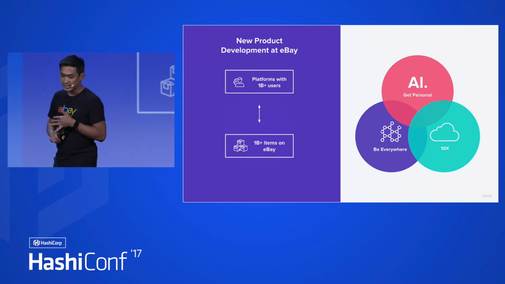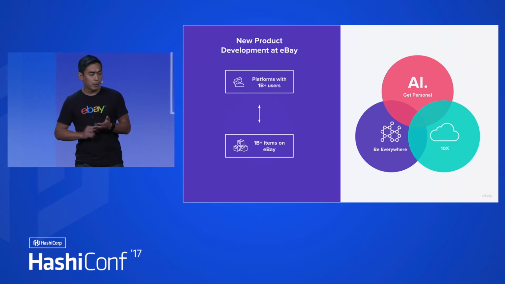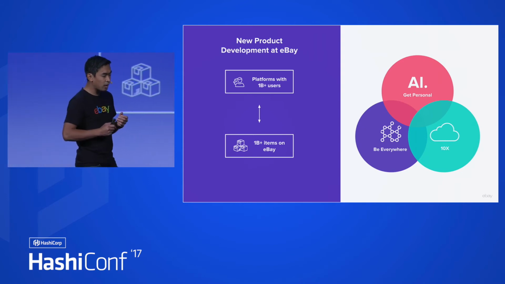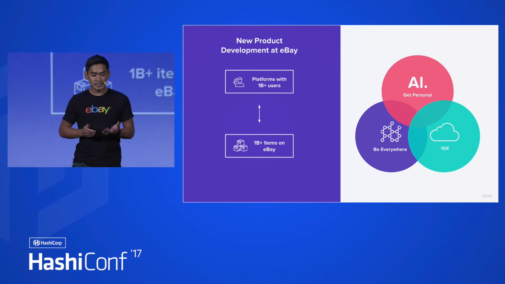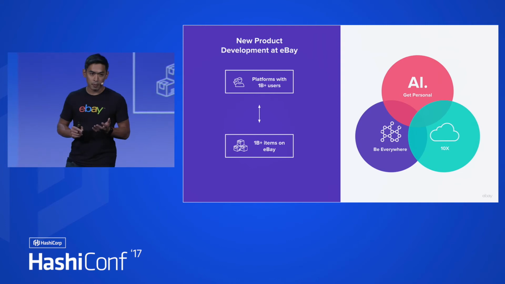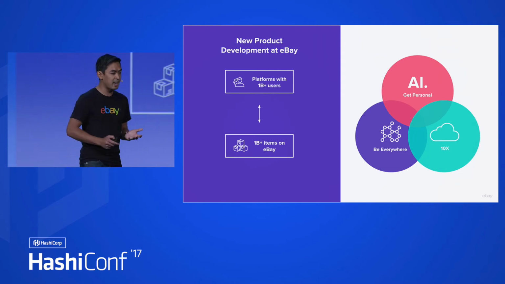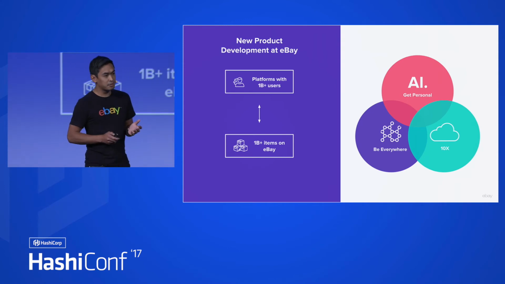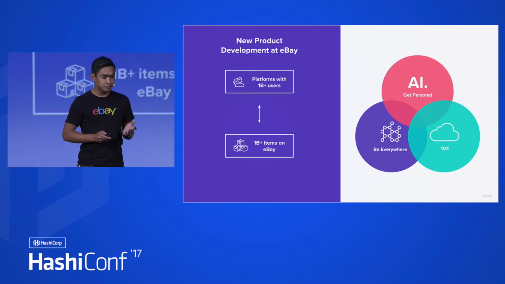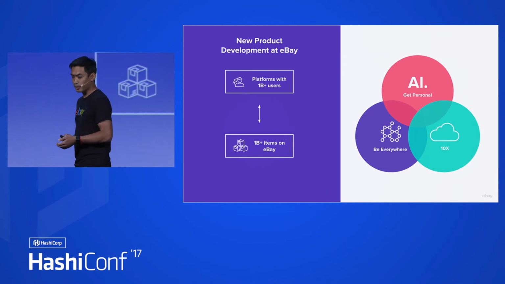We want to invest in AI, we want to invest in the public cloud, and we want to be everywhere. So our team has one simple task: find platforms with large user bases and connect them to the billion listings that we have. So we were able to move all of eBay's listings from our core data centers into Google Cloud.